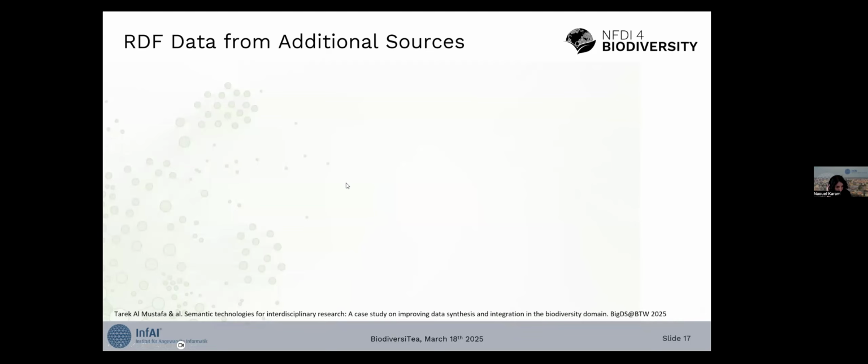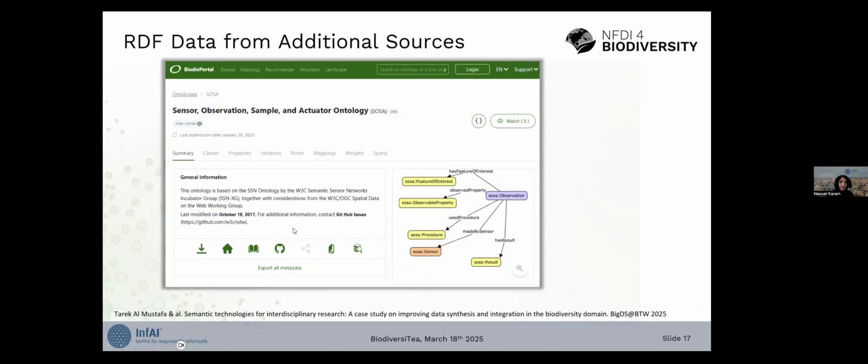So we also integrated data, the RDF data that comes from additional sources. For instance, our colleagues from University of Vienna also worked on generation of a knowledge graph, based this time on the SOSA ontology, which also describes observations and connects them to features of interest, properties, as well as procedures and sensors.